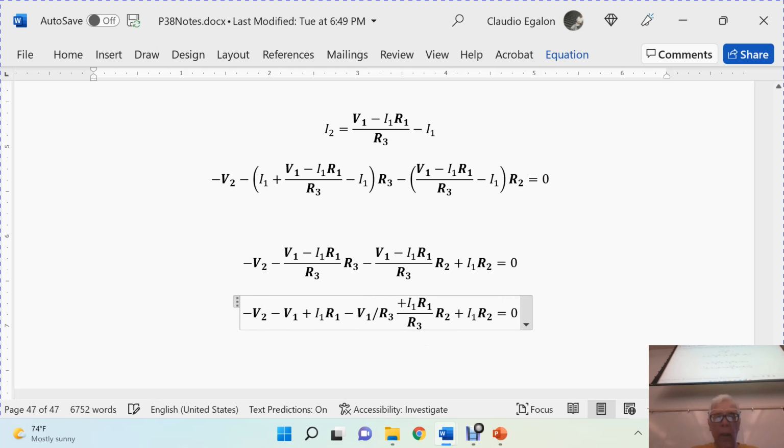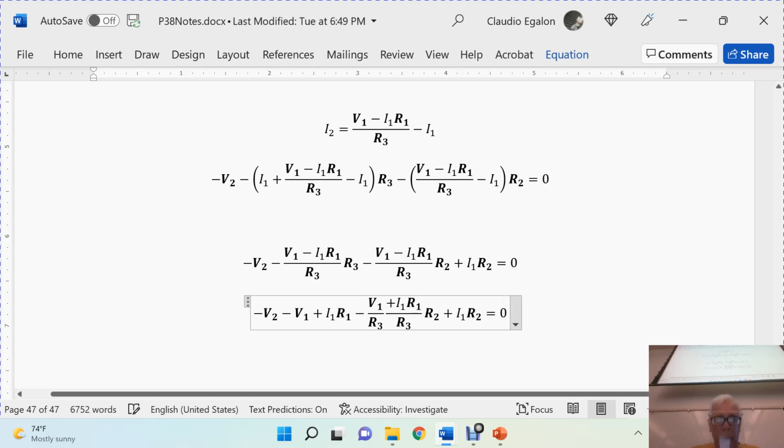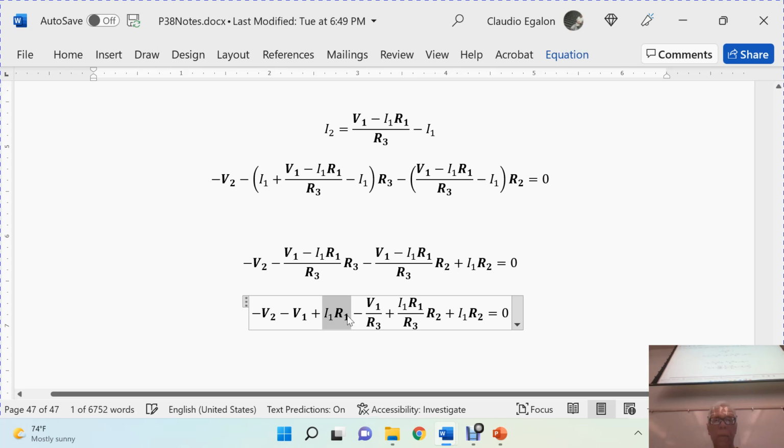Because, okay, here you go. And good. Now I have the I1 terms that I can combine, three terms with I1. 1, 2, and 3. Okay, so it looks like it's complicated, huh?